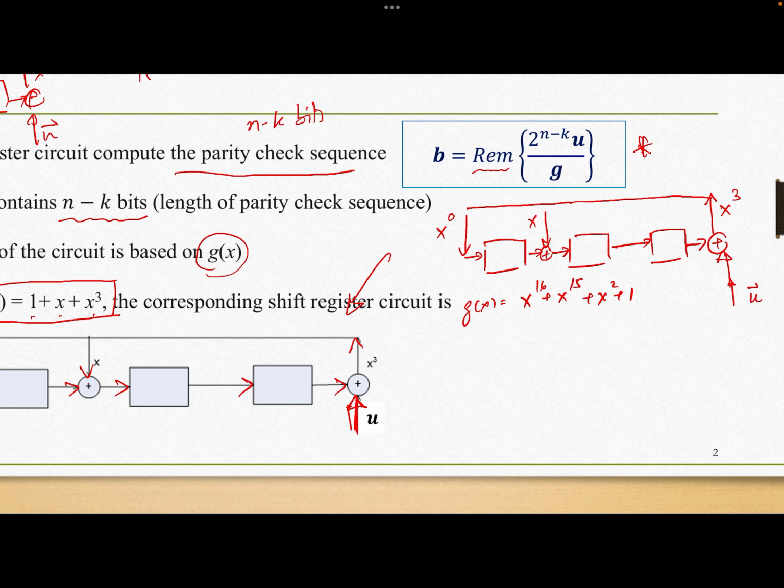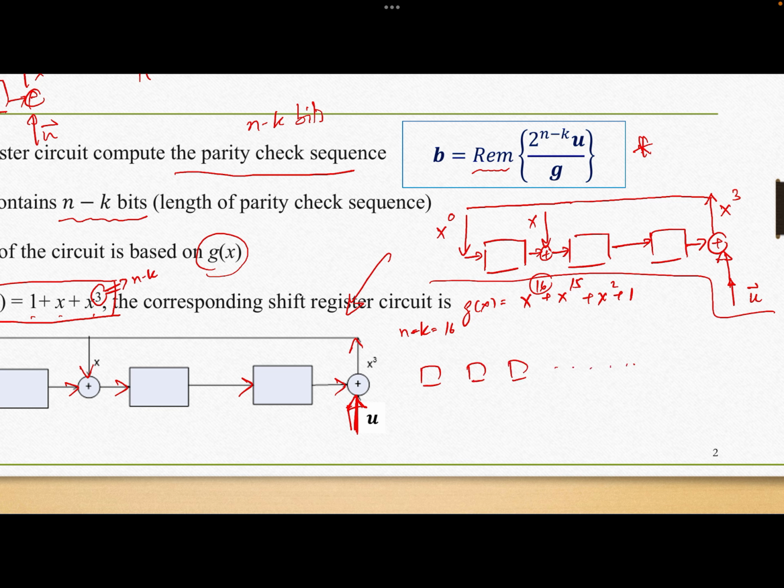And what is n minus k? N minus k is basically the degree of G(x). So in this case, n minus k equals 16, right? Because it's the degree of G(x), so I have to have 16 blocks, which I will draw like this.